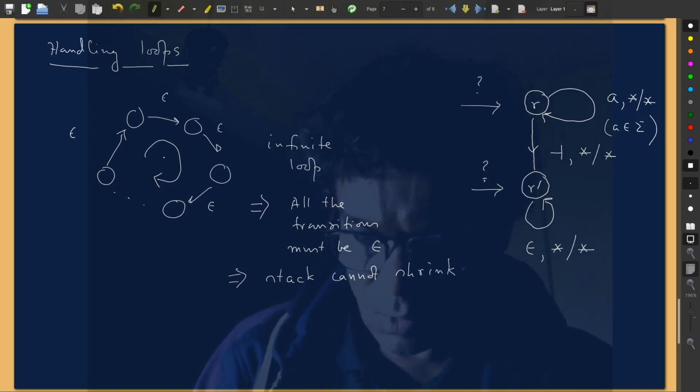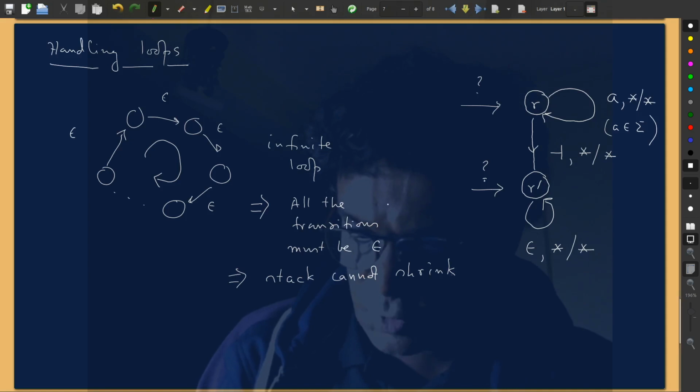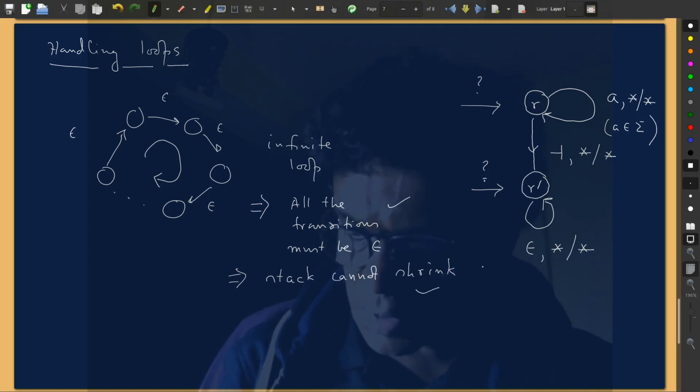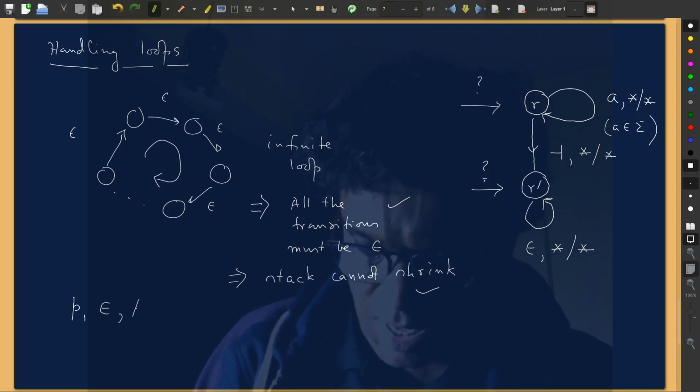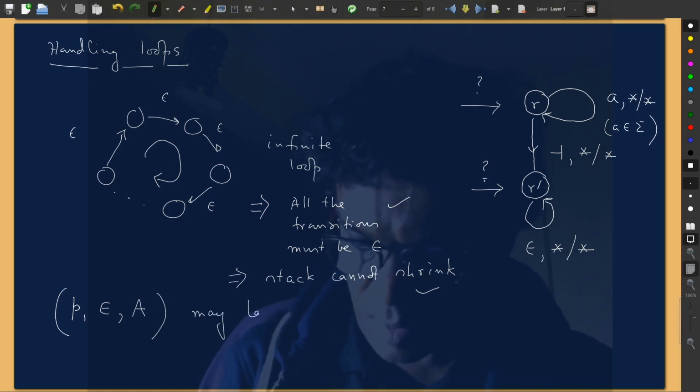So these two conditions are important to identify which transitions of the form P, epsilon, A may lead to looping.